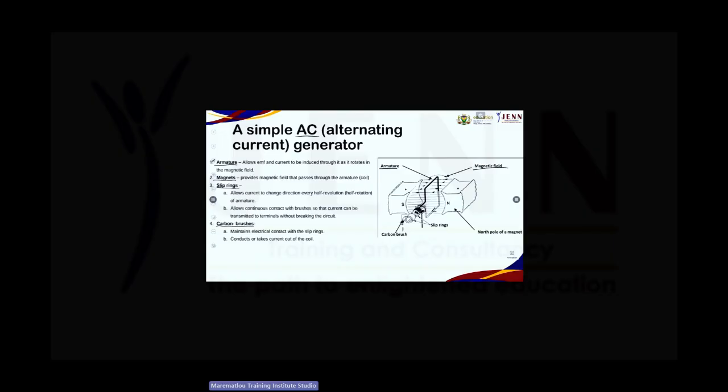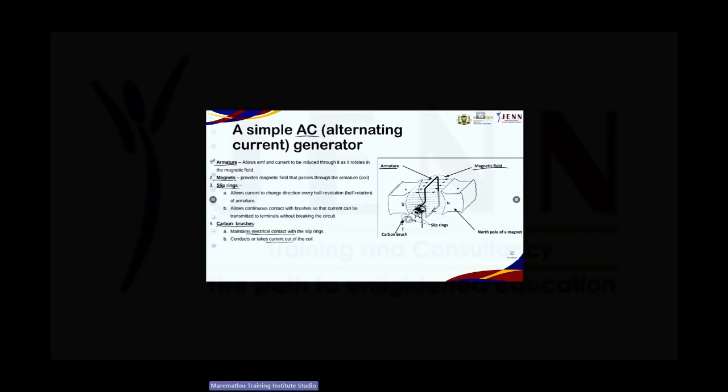Can you see the one on the one side is connected to a slip ring and a carbon brush, and then on the other side. So the specific functions of my carbon brushes: it completes the circuit, so it maintains electrical contact with the slip ring, and then it also conducts or takes the current out of the coil as well.